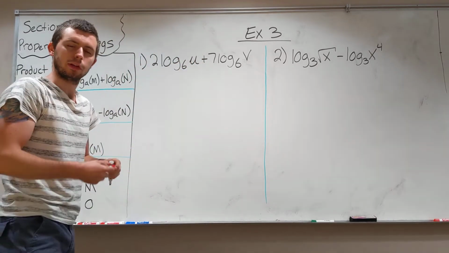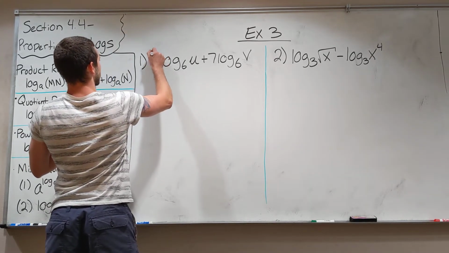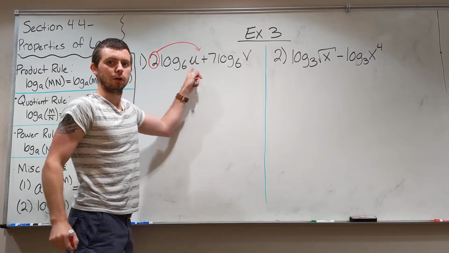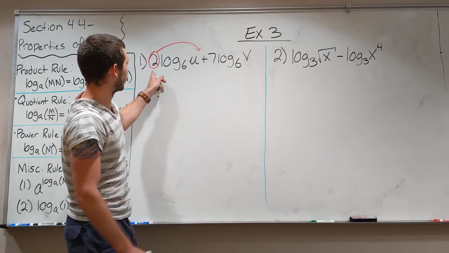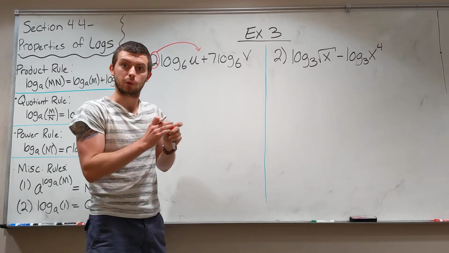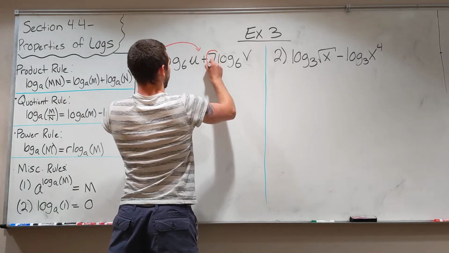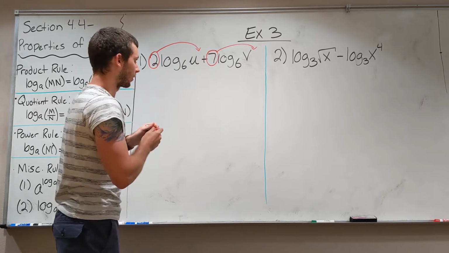The way we do that is the opposite of what we did before. We take any number in front, the 2, and we bring that as the exponent of the corresponding logarithm. We don't bring it to the very back. We bring it to whatever that current logarithm is evaluating. Same with the 7 here. The 7 will be applied to the exponent of v in this case.